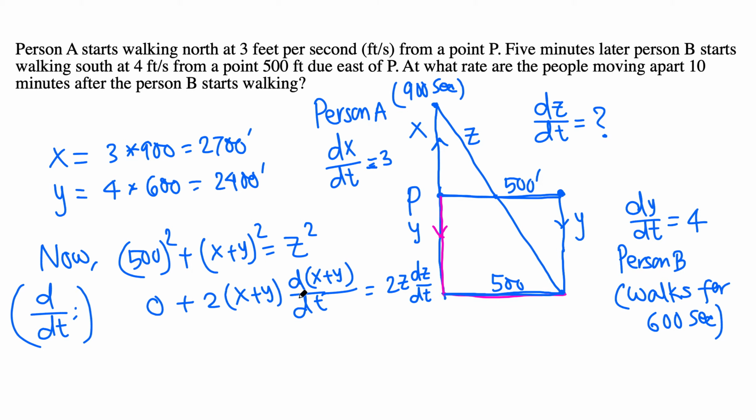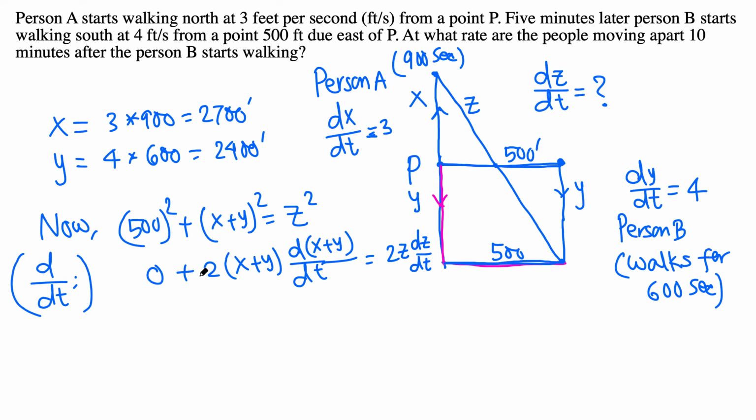So let's look at it. 0 doesn't count. So 2(x plus y). We have found x is 2700, y is 2400, times d(x plus y) over dt. We can separate into two fractions, dx over dt plus dy over dt. When we have a sum, then it's easy.